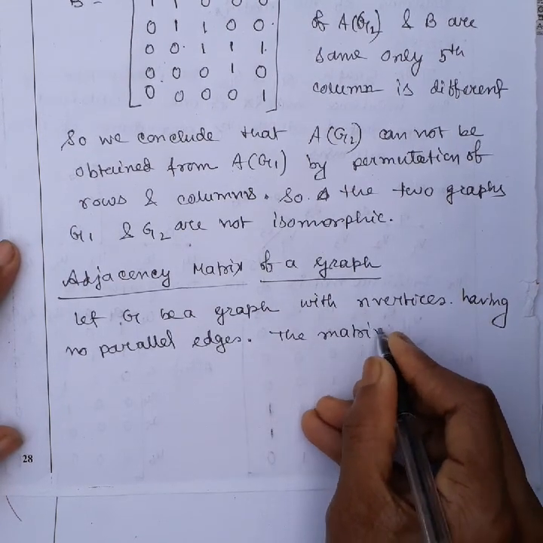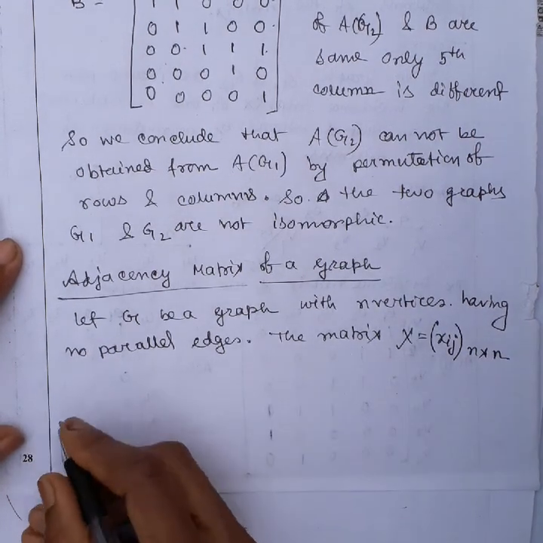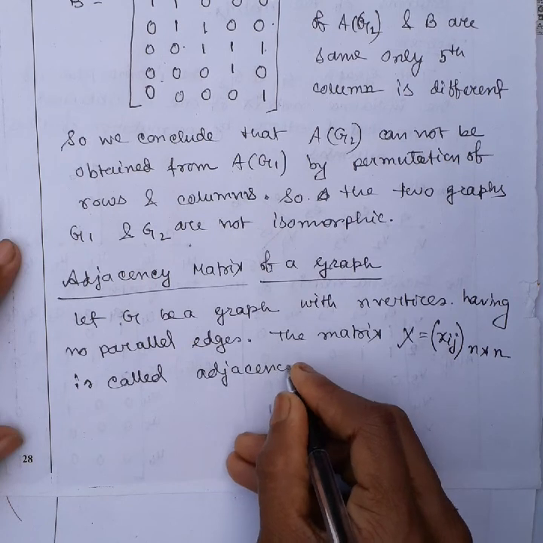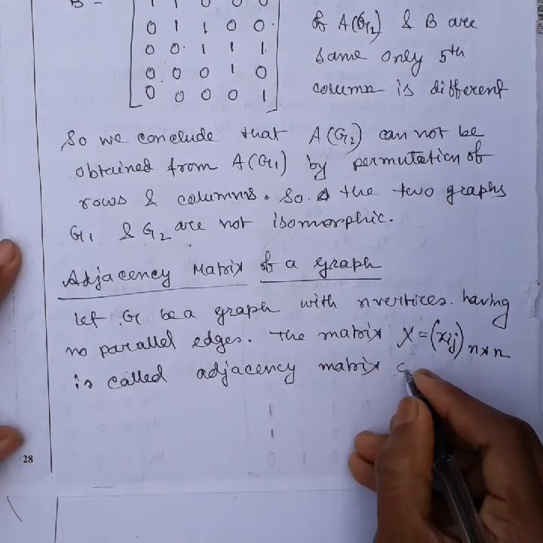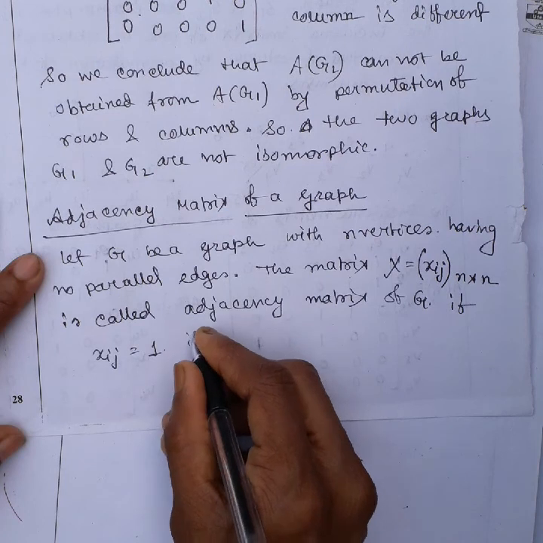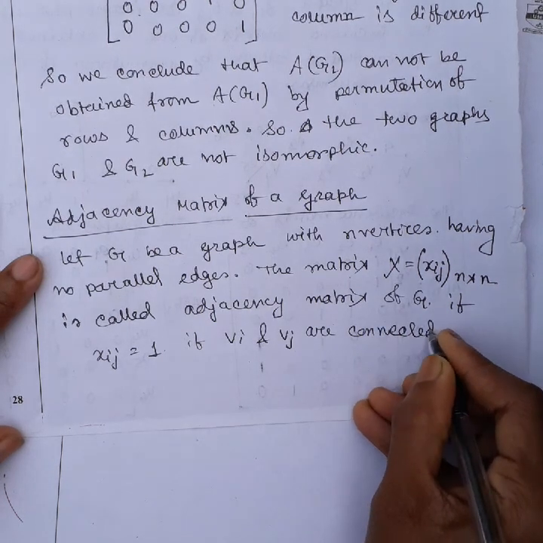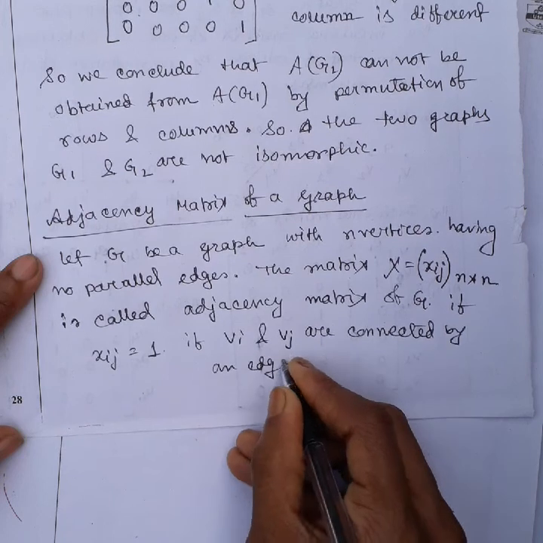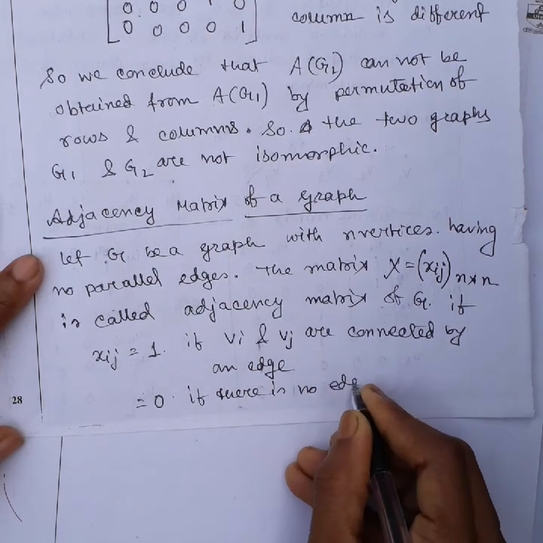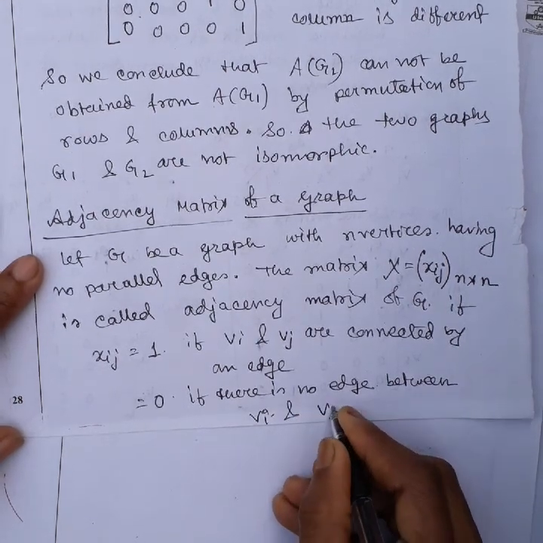The matrix X equal to Xij, n cross n, is called the adjacency matrix of G. Xij is equal to 1 if Vi and Vj are connected by an edge, and equal to 0 if there is no edge between Vi and Vj.